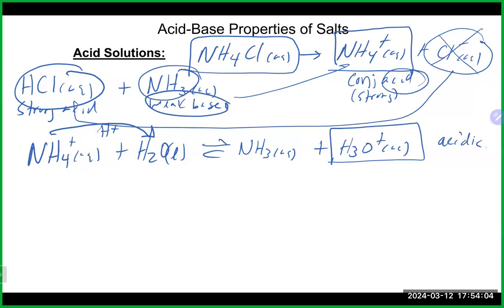If we wanted to, again, calculate the pH, we would do an ice table, and the Ka value I need would be the Ka value, which I said there in that sentence. So we would need the Ka value in this case because we are producing H3O plus. I would say, much like the acetate example I mentioned a second ago, most likely if you were doing this problem, you would be given the Kb value for NH3.